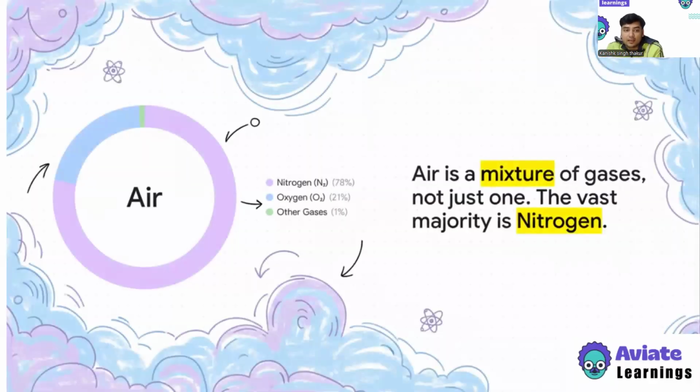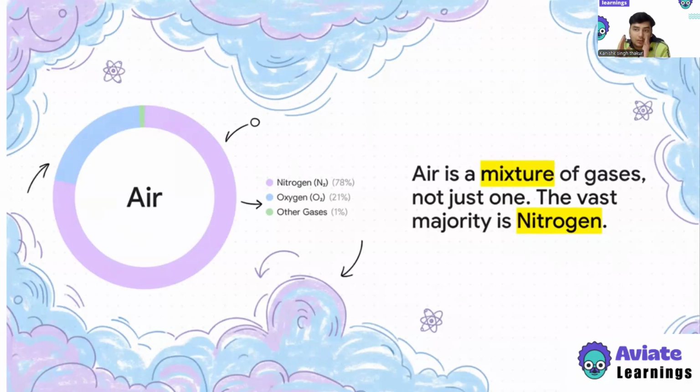You can see that this circle covers a large bunch of purple portion, and what it is representing is nitrogen. Nitrogen is a very important gas. It is the gas for stability, and it constitutes about 78%. After that, the one responsible for all the life on the planet is oxygen, and this smaller green portion is covered by other gases.